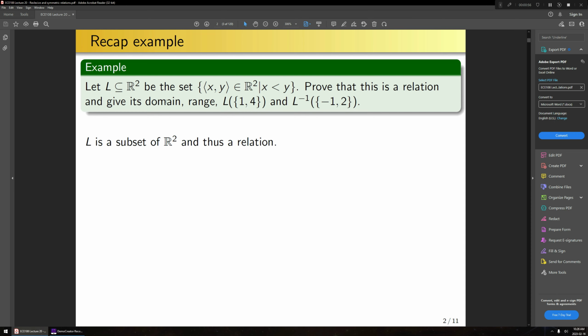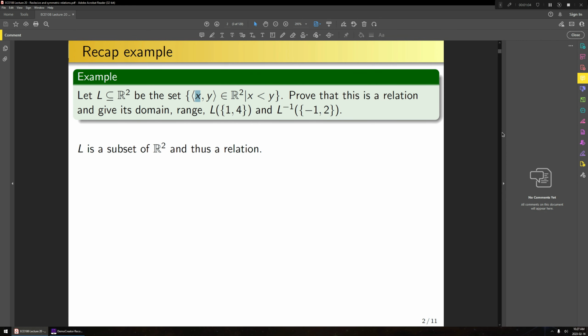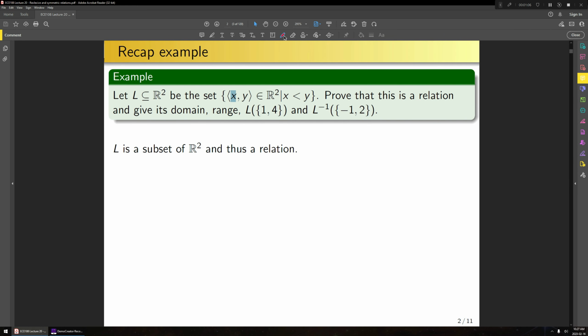Now, what's the domain? For the domain, we want to know what are all the numbers that I could plug in for X. So to figure out what the domain is, we have to think, hey, what type of X's would be related to various Y's? And here we can just notice, hey, X is always going to be less than X plus 1, right?